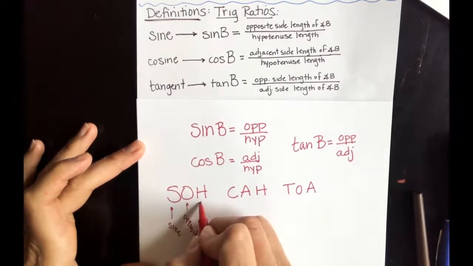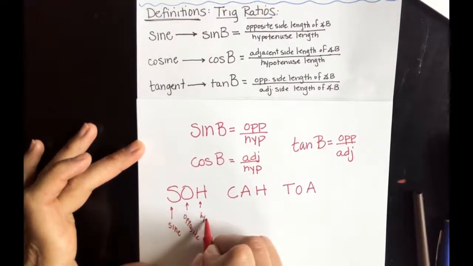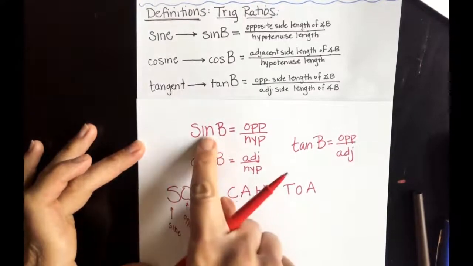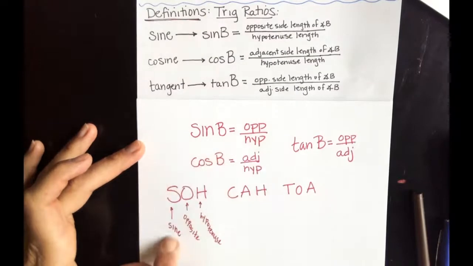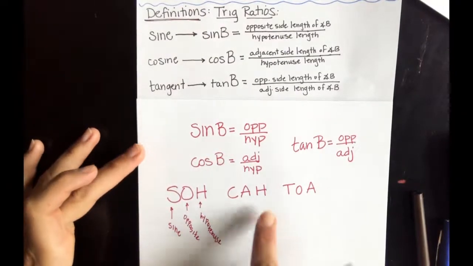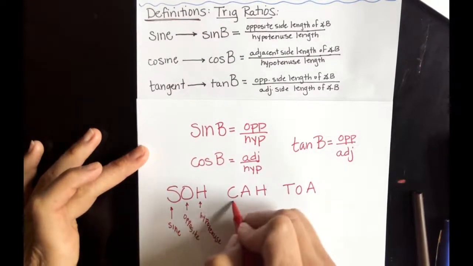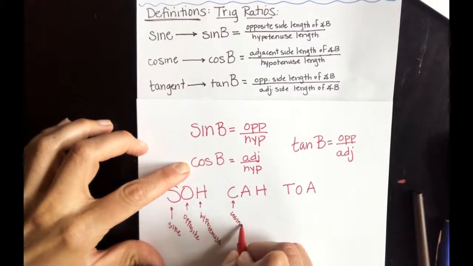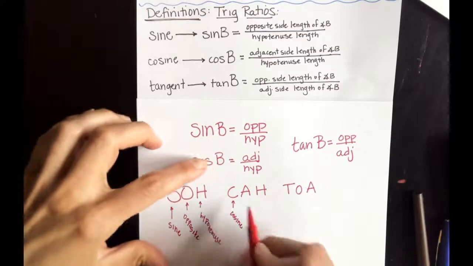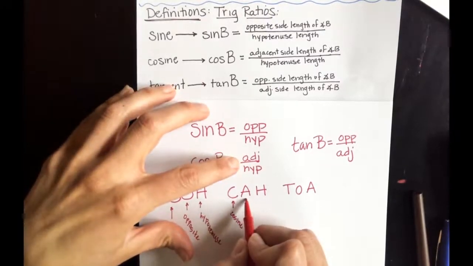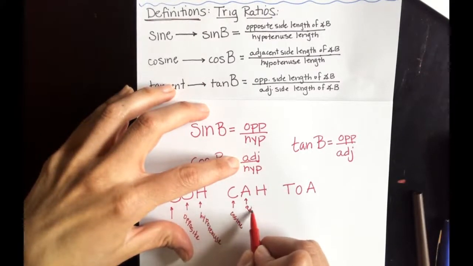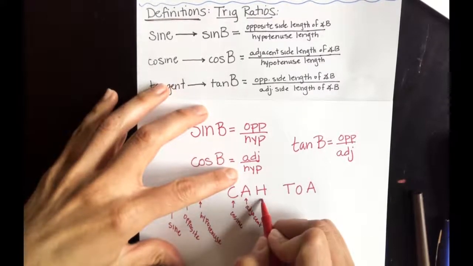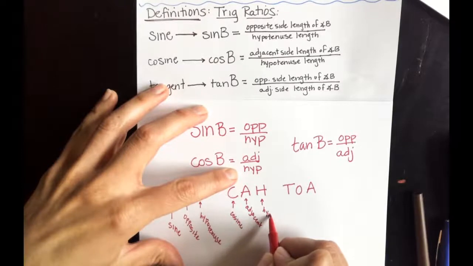And the H stands for hypotenuse. Notice sine is opposite over hypotenuse. So then you can probably guess that the C here stands for cosine, the A stands for adjacent, and the H again stands for hypotenuse.